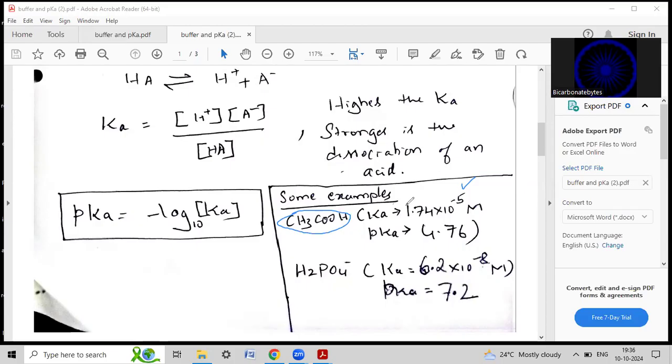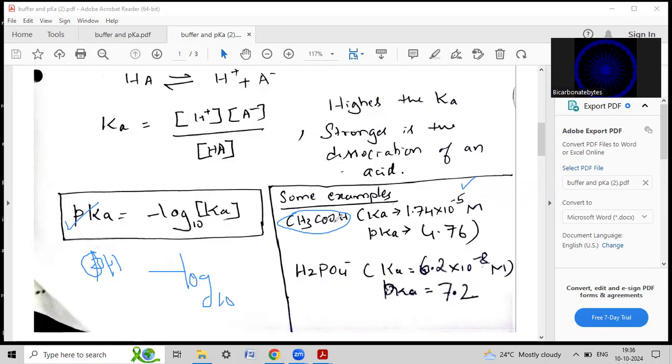So what you do is you introduce a term called pKa. Okay, it's similar to pH or pOH, right? The p function for any given parameter is simply negative log to the base 10 of that parameter. So pKa is nothing but negative log to the base 10 of the dissociation constant.